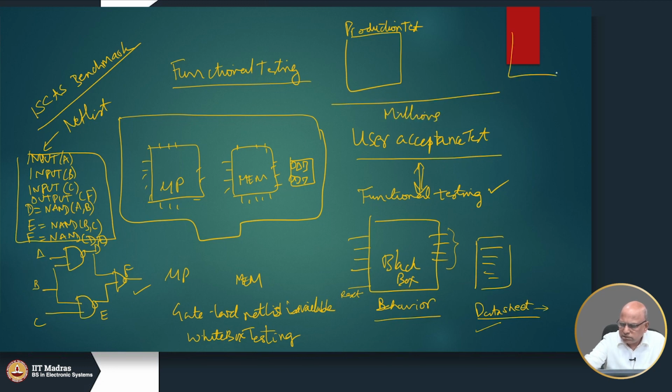The user acceptance test will happen on a much smaller number of them, okay, maybe hundreds, thousands, because the person who is manufacturing the IC, they will make it in millions, and they may be supplying to a number of different customers. So, you must understand that they have to find fast ways to test these chips, okay.